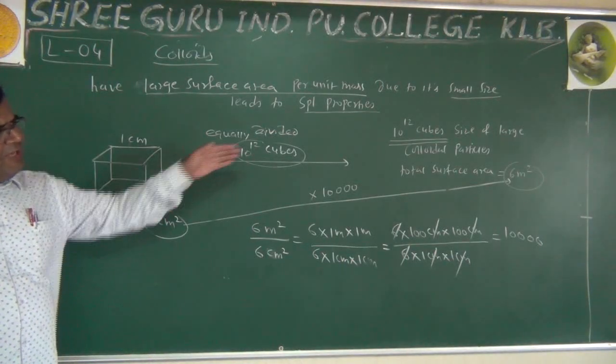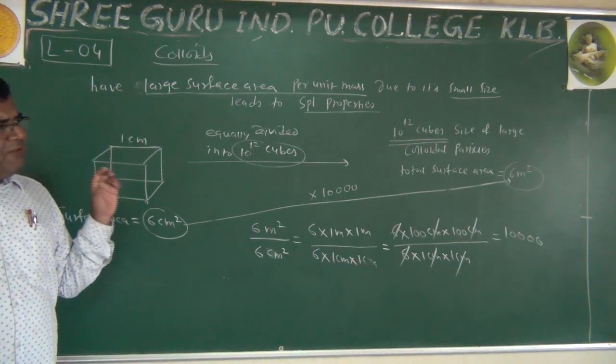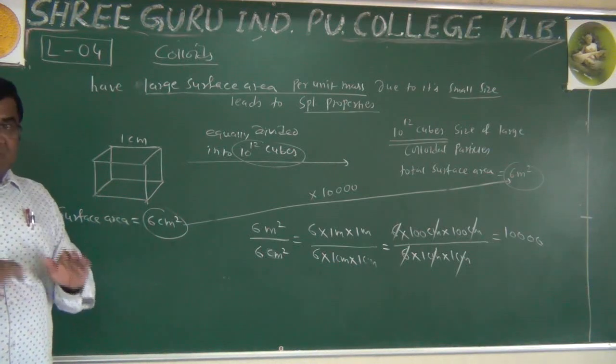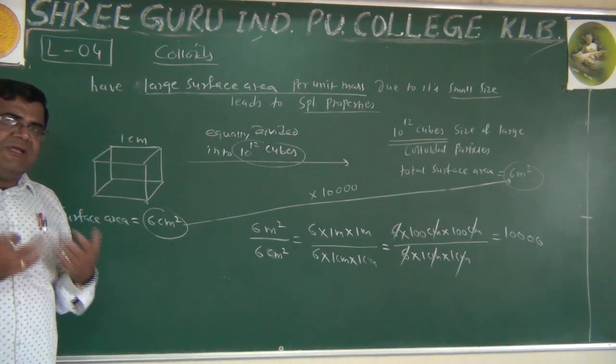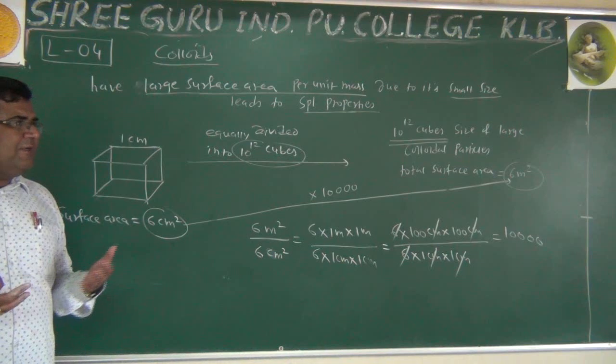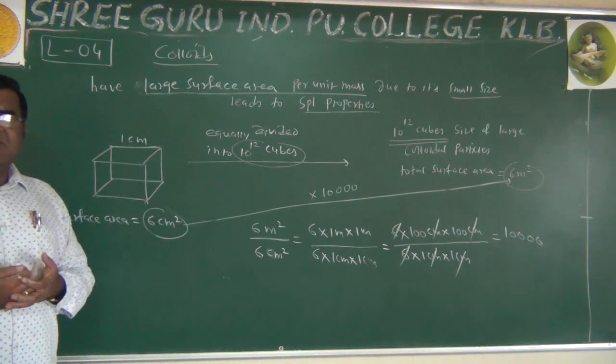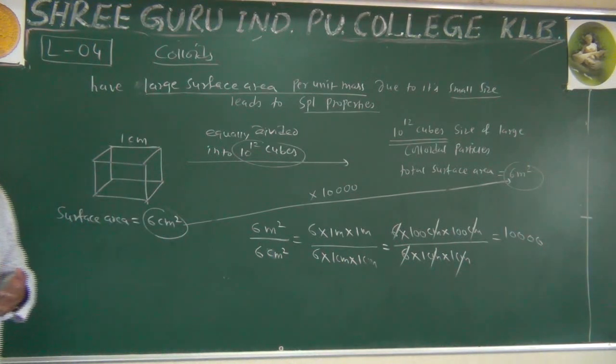So they have large surface area because of their small size, because of subdivisions. Their surface area goes on increasing, and it increases to a very large extent. And because of that, the colloids have a set of properties which are very unique.